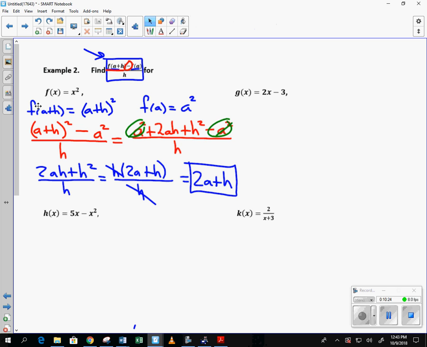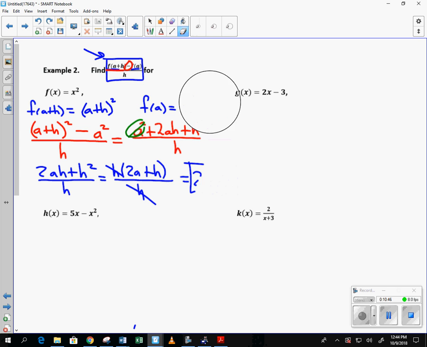What does that mean? That means that when you take the function x squared and you perform this function operation on it, f of a plus h minus f of a all over h, you come out with 2a plus h. This becomes extremely useful as we move forward in mathematics, okay? Right now we have no understanding of why that's important, but it is super important, super awesome, okay?